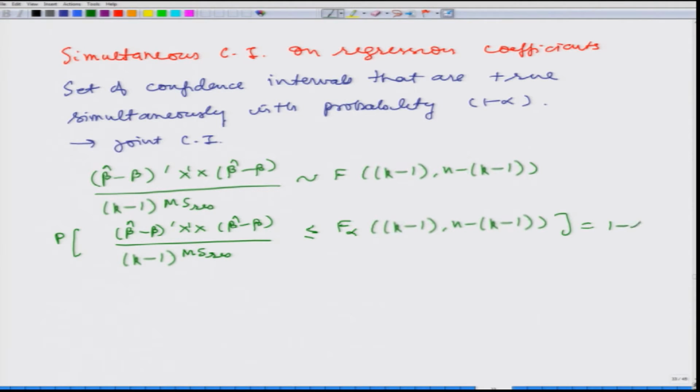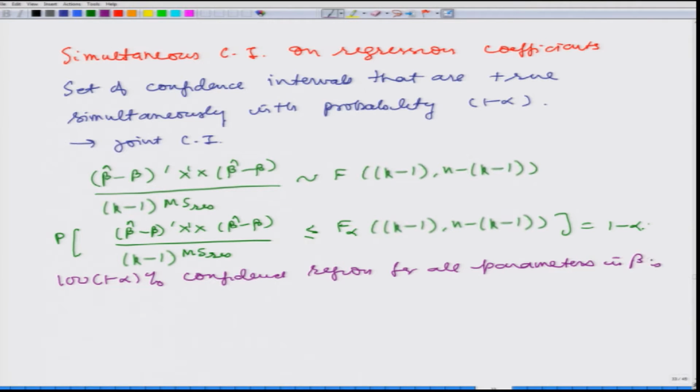So, now the 1 minus alpha percent confidence region for all parameters in beta is the region which is given by this inequality.